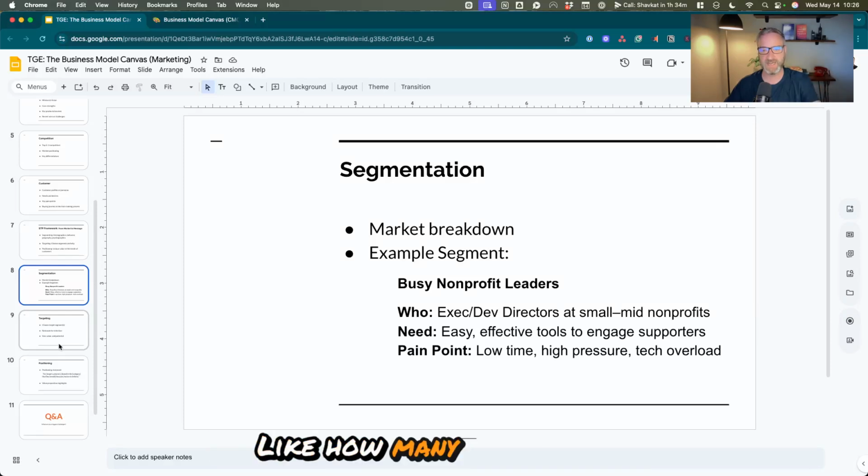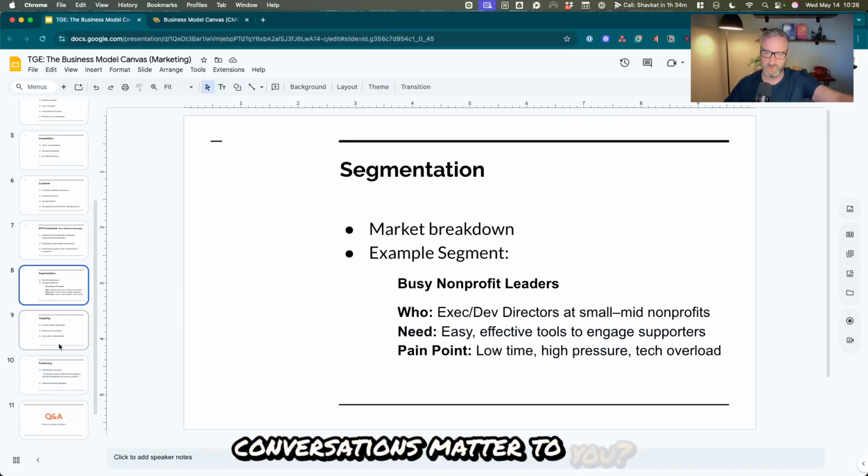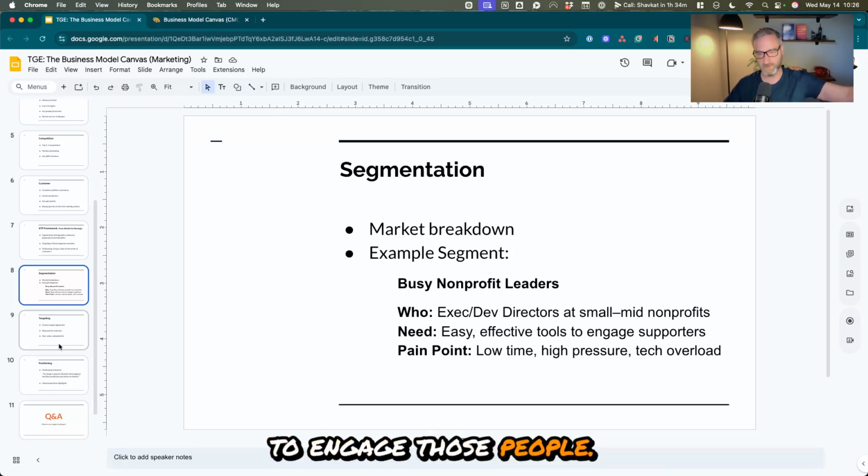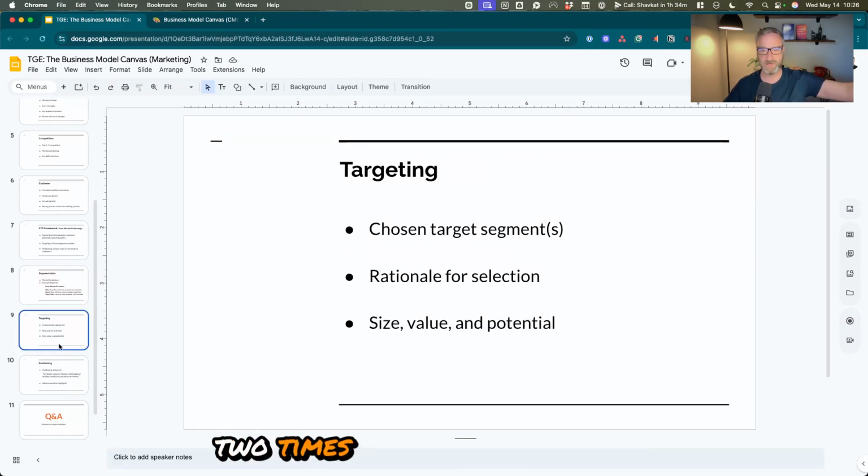How many times do conversations matter to you? You can be a really good grant writer, but we can see what happens to the grants, right? I'm not really interested in top line grant stuff. I'm interested in the individuals that have conversations with real people that are looking for better ways to engage those people, right? That's the people I can help. And then it's just, do you do it 2 times a month, or do you do it 200 times a month, right? So it's just a scale at that point.